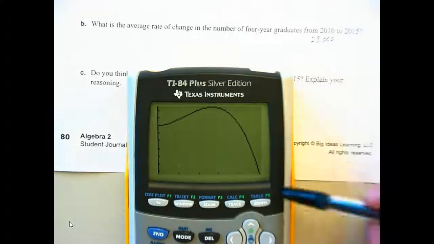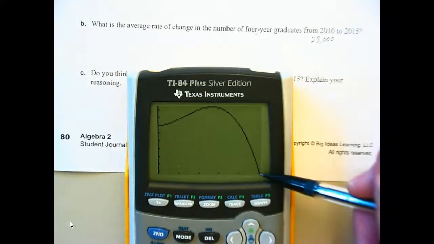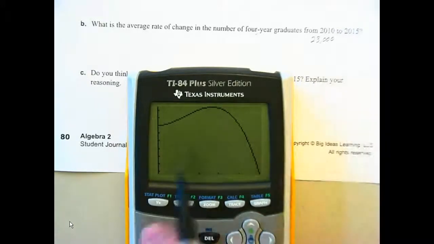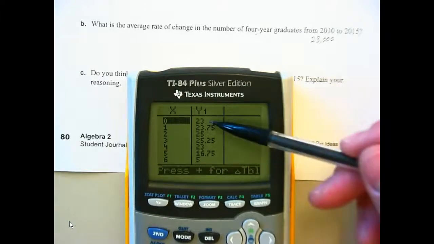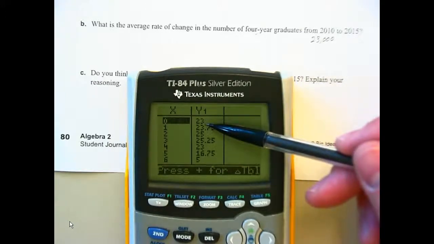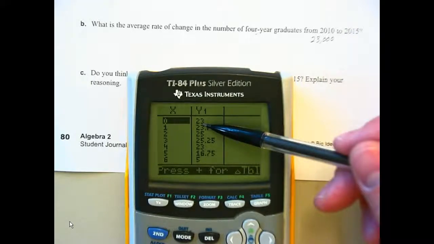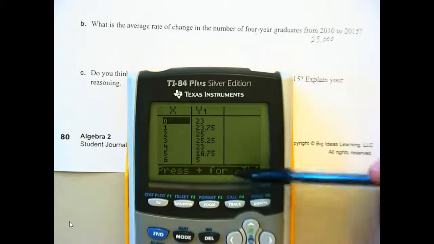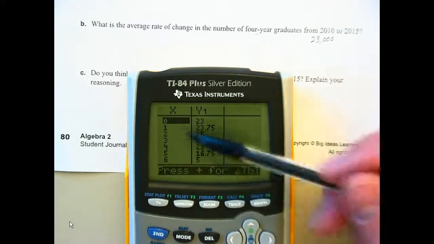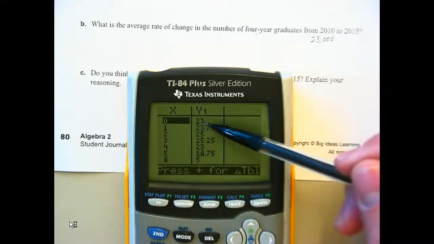How many in 2015, which is over here? Hey, let's go to our table. What value are we looking at in the table? 2015. Okay, time equals 0 in what year? Time equals 0 in 2010.